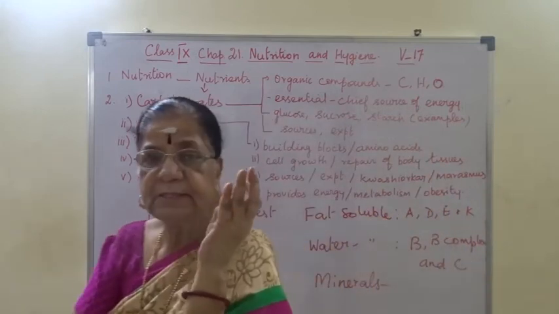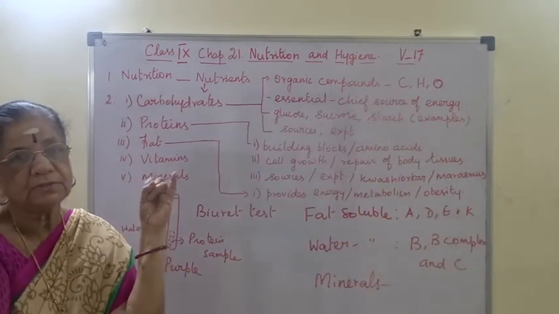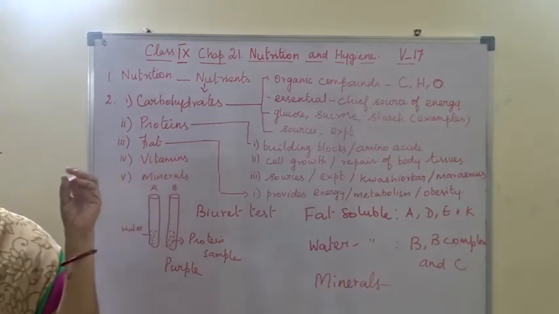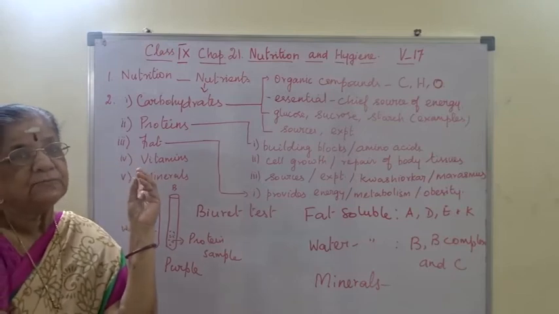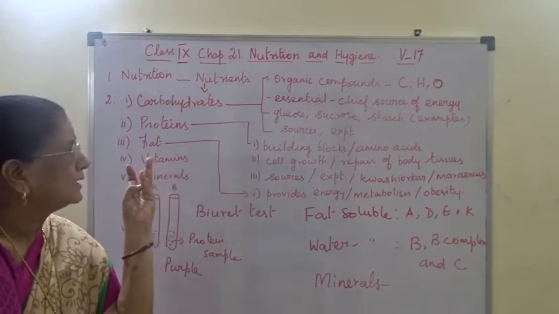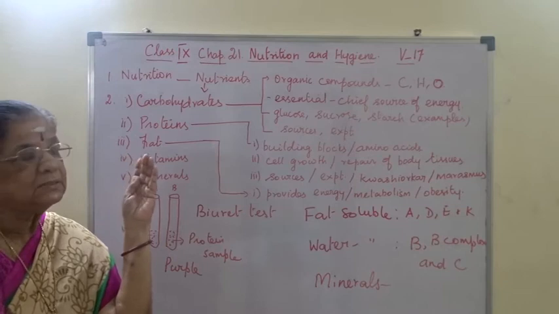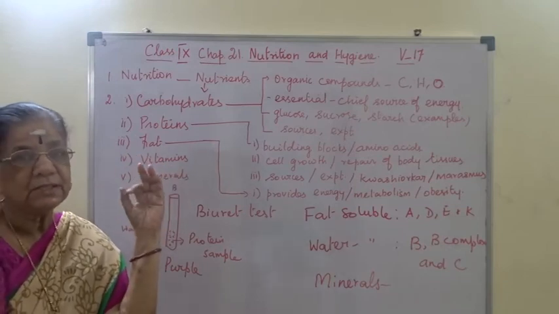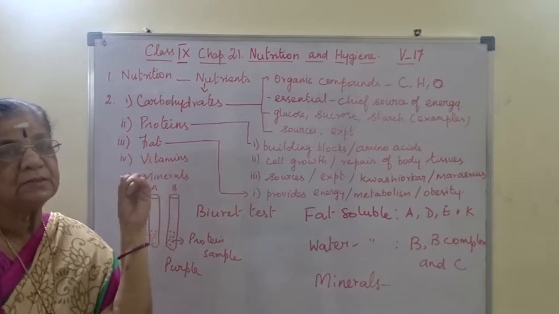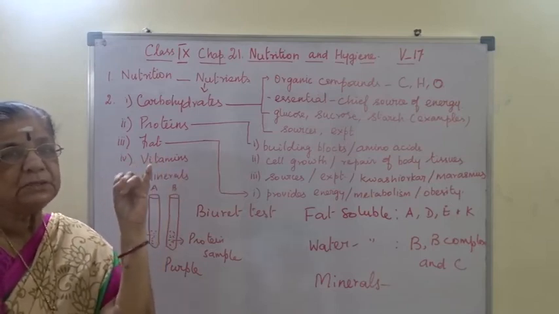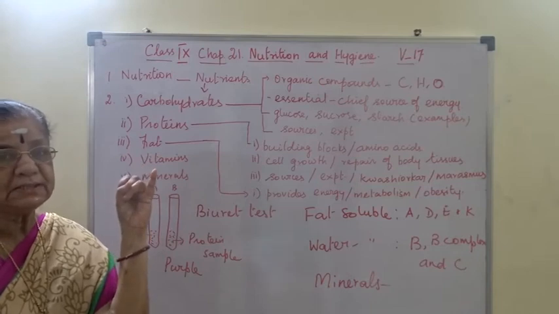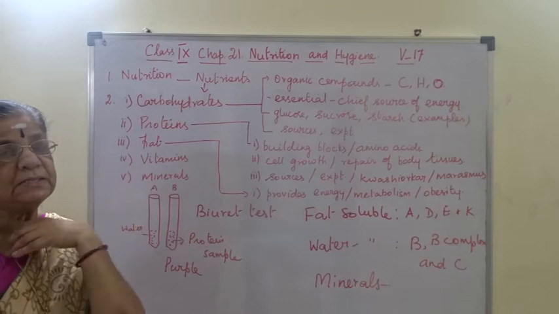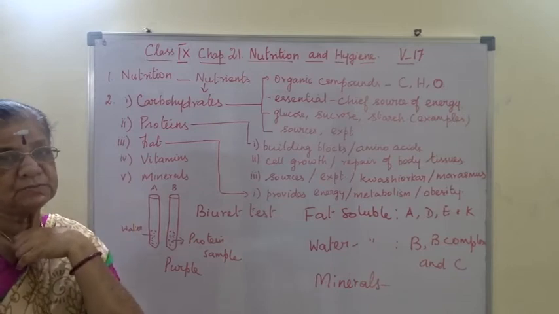These are organic compounds formed of carbon, hydrogen and oxygen. They are essential nutrients and form the chief source of energy. Examples: glucose, sucrose and starch. And there are three types: monosaccharides, example glucose; disaccharides, example sucrose; and polysaccharides, example cellulose.